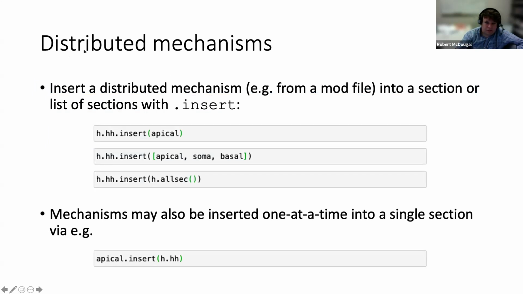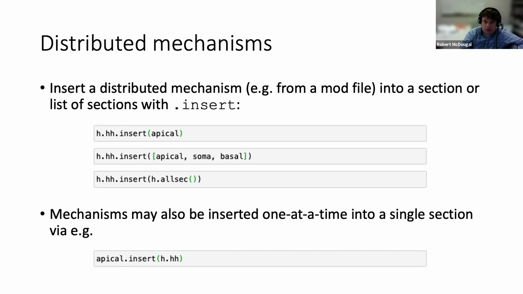If I have a distributed mechanism, so something that I got from a mod file that's not a point process, like Hodgkin-Huxley, right? Hodgkin-Huxley is HH in the graphical tools. So that means for us, we'll talk about it as h.hh.